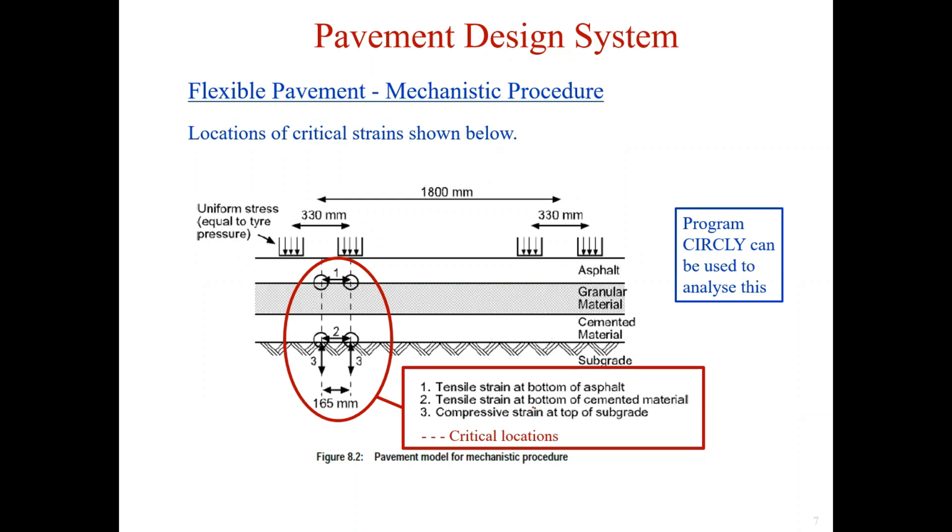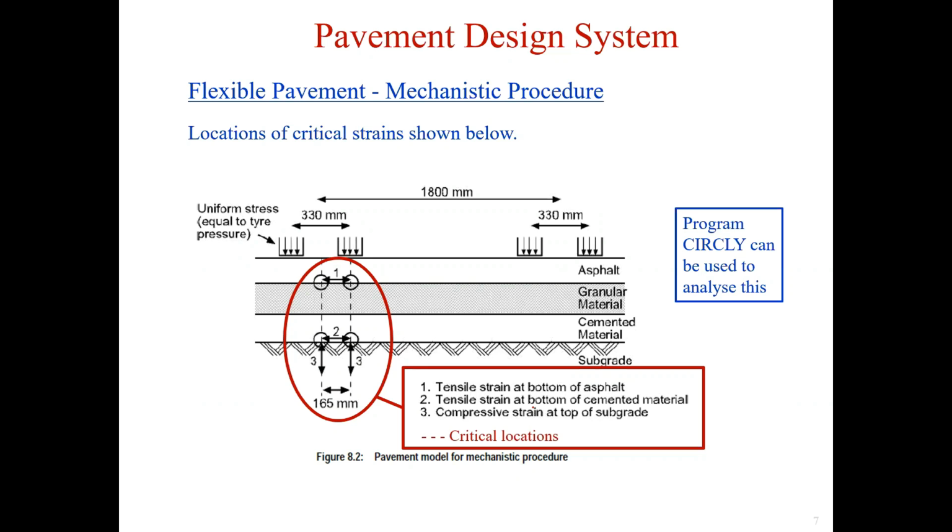The pavement materials are considered to be homogeneous, elastic, and isotropic, except for unbound granular materials and subgrade, which are considered to be anisotropic. The response to load is calculated using a linear elastic model, such as that contained in the computer program Circly. You will have more practice in your Lab 2 session.